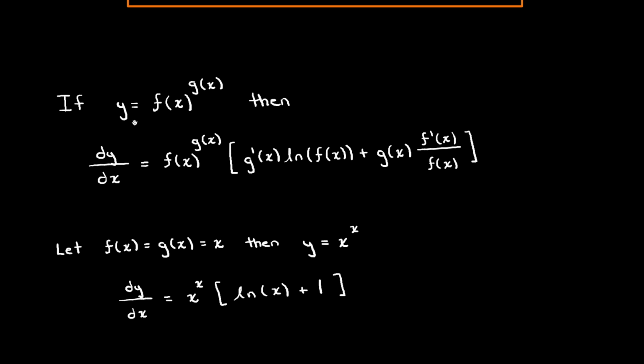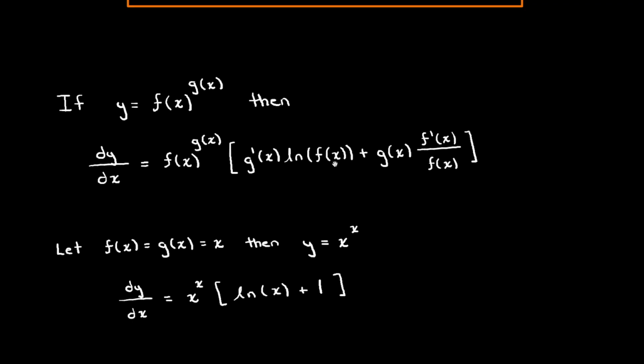So just to recap, if y is equal to f of x raised to the power of g of x, then we have derived the following rule. So now if f of x and g of x both happen to be x, then y is just x raised to the power of x. And now we can differentiate y with respect to x, and it's given by this formula. So we will get just x raised to the power of x, and then what's g prime? Well, that's just 1.